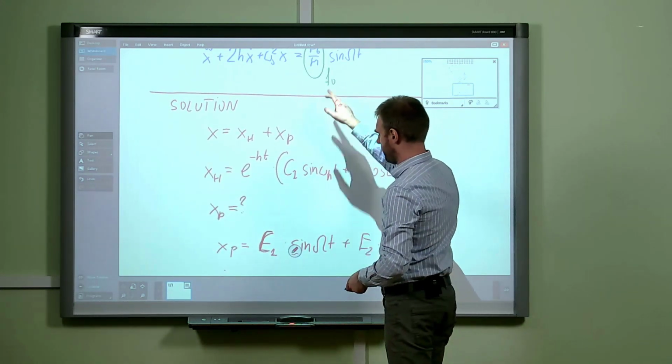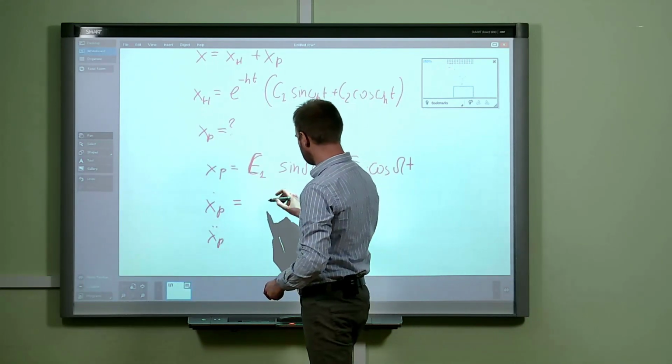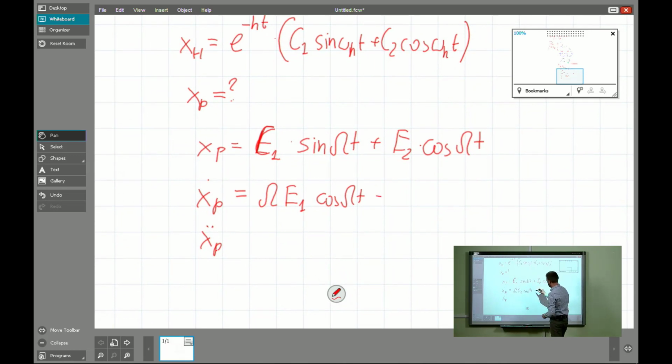Okay, the first derivative of our predicted solution will be omega times E1, of course, cosine omega t, and minus, because the derivative of the cosine is minus sine, omega A2 sine omega t.